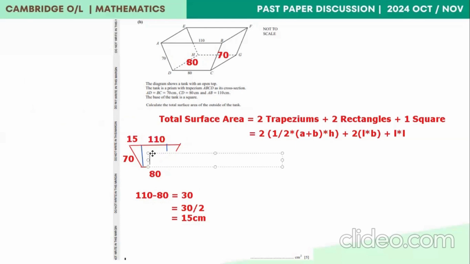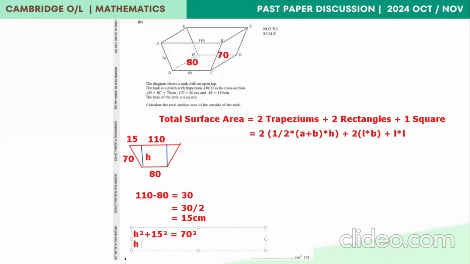So now if we want to find our height, we can use Pythagoras theorem. h square plus 15 square is equal to 70 square.